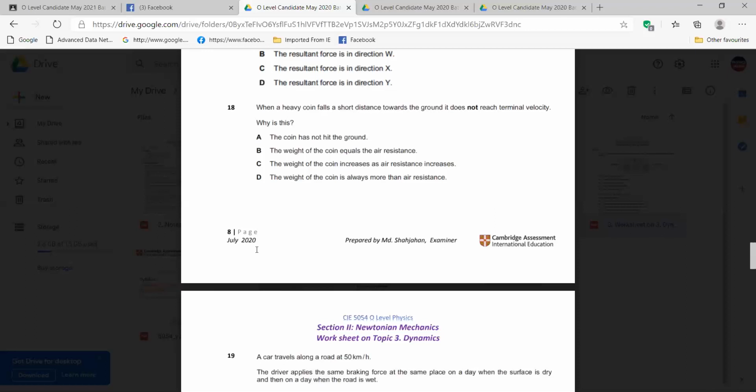D. The weight of the coin is always more than air resistance. Yes, it can be. Because if they are equal, then it will reach the terminal velocity.